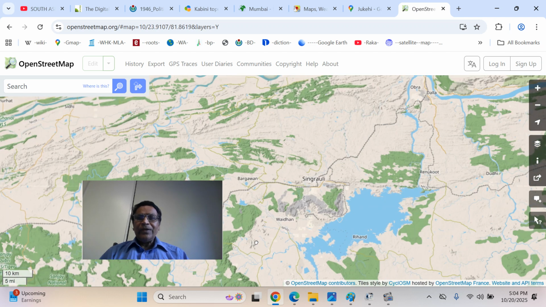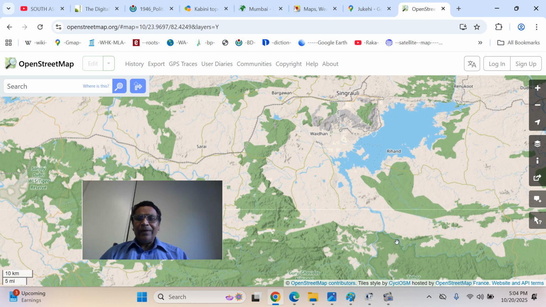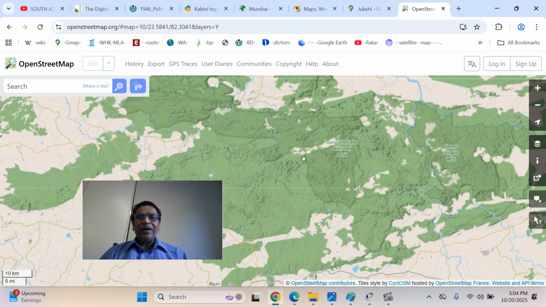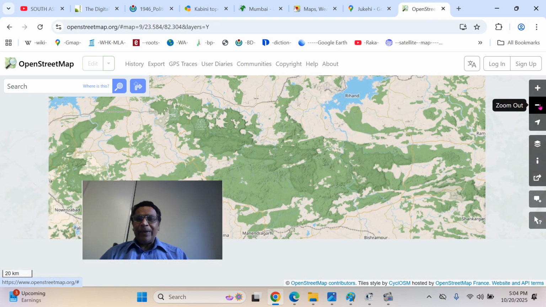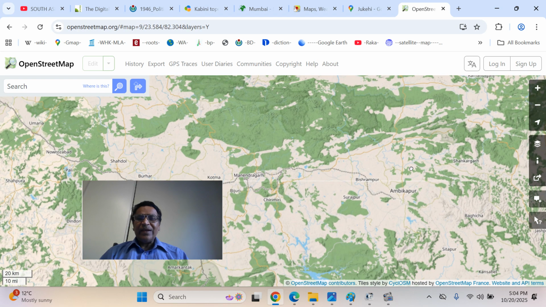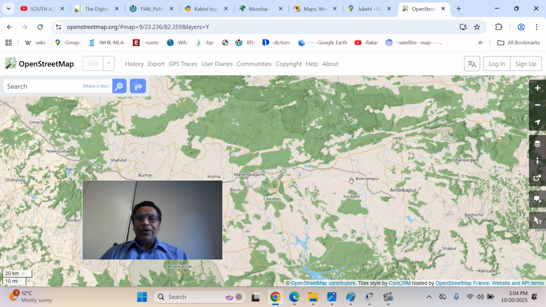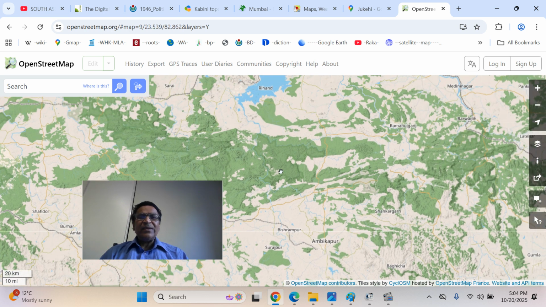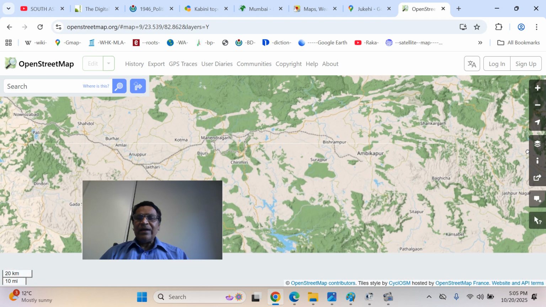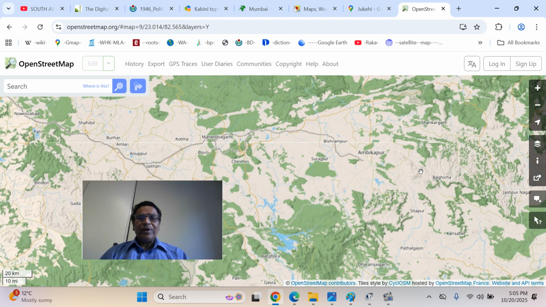You can see the Rihand Dam there, Rihand River. This is the Baghelkhand Plateau region. This is the Ambikapur or Surguja Basin. This is the east, this is the Maikal Hills. Hazaribagh Plateau.